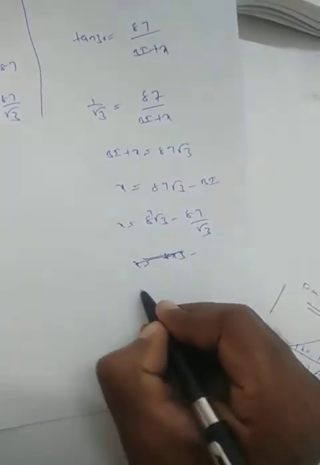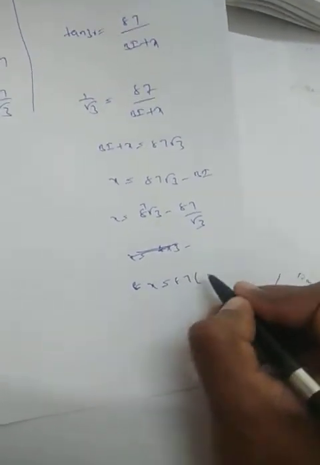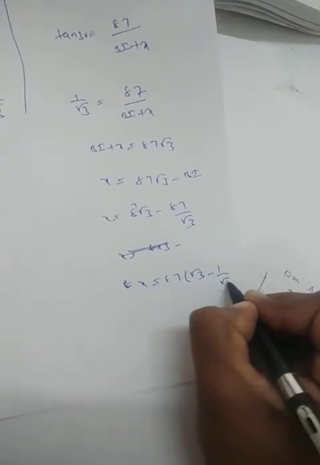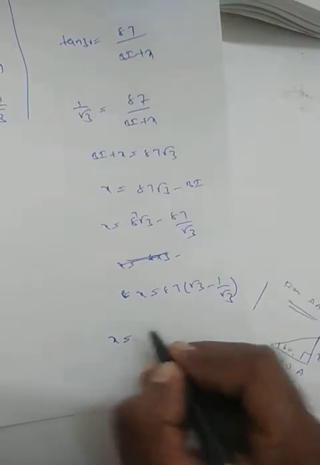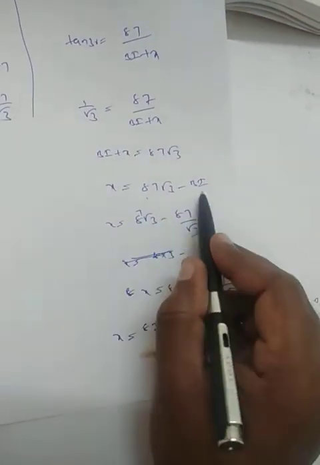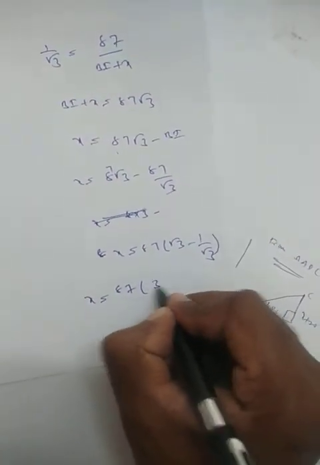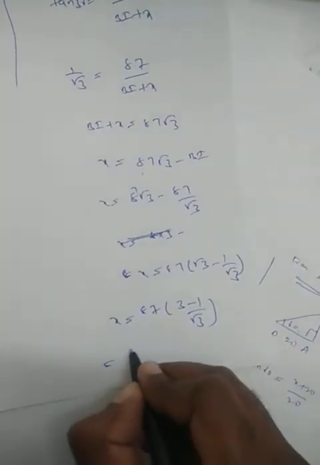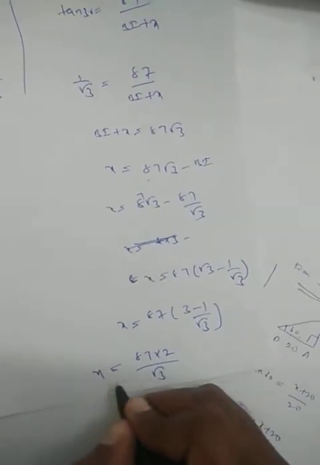Now take 87 common. You will get root 3 minus 1 by root 3. So X is equal to 87 into root 3 square, that is 3, minus 1 by root 3. This will be 87 into 2 by root 3. This is X.